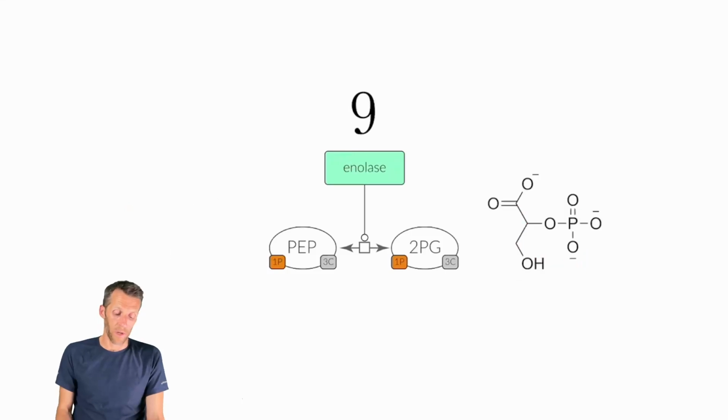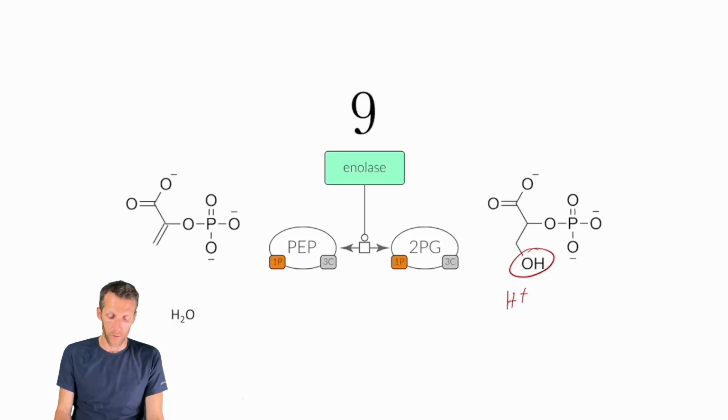Step 9, we're going to form a molecule called phosphoenolpyruvate. And basically what we're going to do is pull a water off with a proton. And what that's going to yield for us is this enol here, phosphoenolpyruvate. This is not a particularly stable form. This is populated relatively transiently.